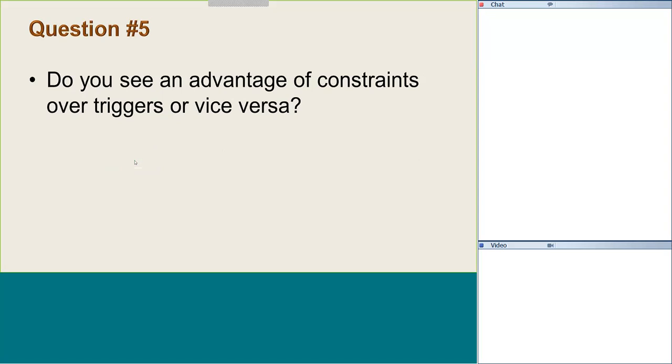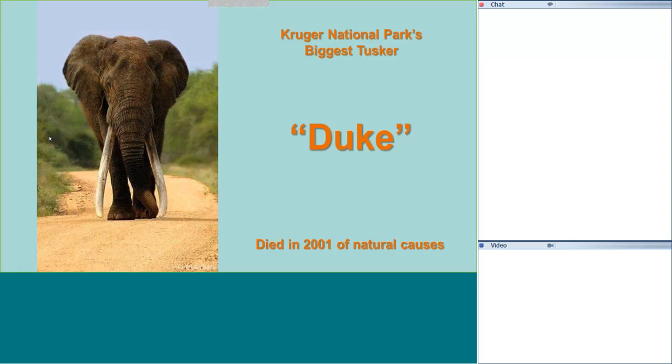Although you can make a trigger do something that constraints do, and you can make constraints do some of the things that triggers can do. But here again, you use the tool for the purpose for which it was intended. And so it goes on. So we'll cover this in a lot more detail when we get through. Brings me to the next topic.